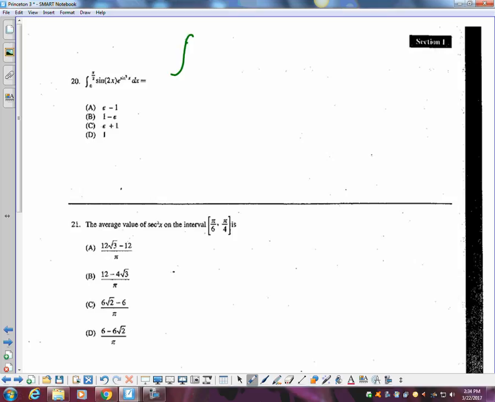Okay, so I have the integral from 0 to pi over 2 of sine of 2x e to the sine squared x dx. Well, that just looks like so much fun.